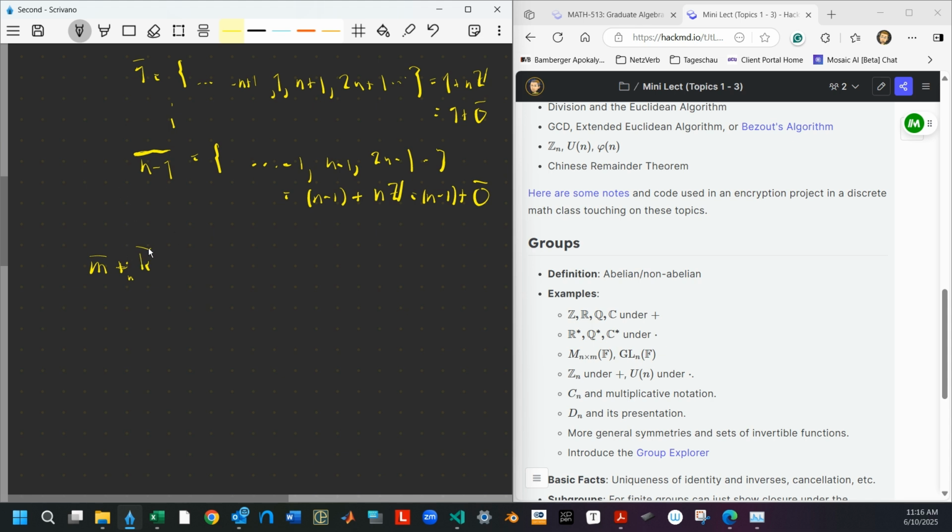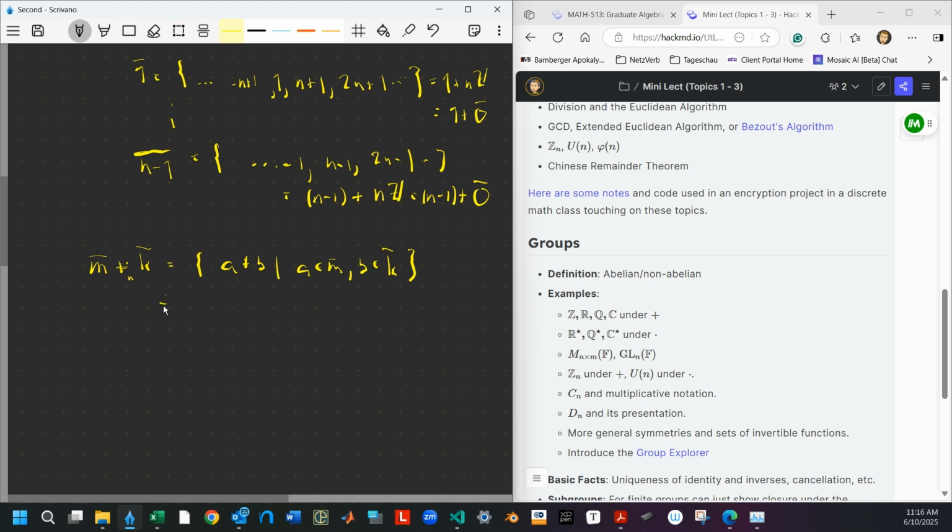But this will just be the set of all things, literally using our set theoretic notation, the set of a plus b where a is in m bar and b is in k bar.